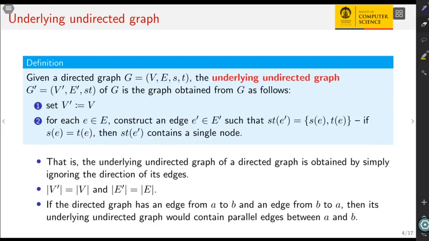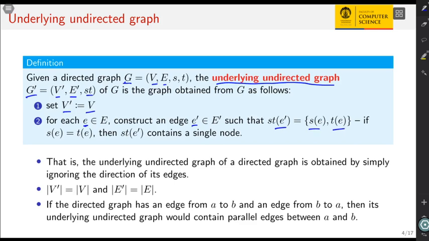So to be more precise, if you have a directed graph G with the set of nodes phi and the set of edges E, with the source and target function, then the underlying undirected graph of G is G prime with nodes in phi prime and edges in E prime, and the connection function st, such that phi prime is equal to phi, so the nodes are the same, and then for each edge E we construct an undirected edge E prime such that the st of E prime is equal to the set containing se and te.